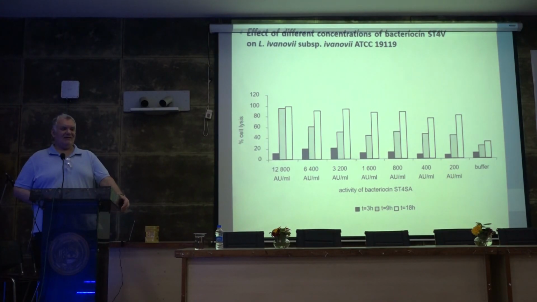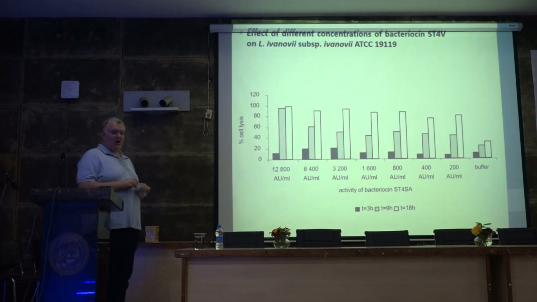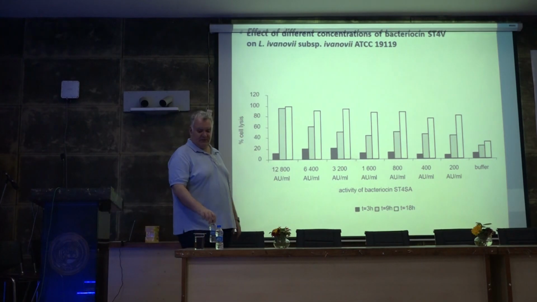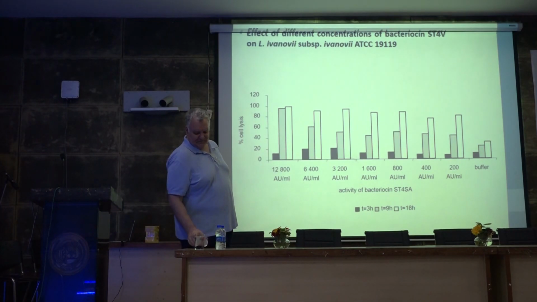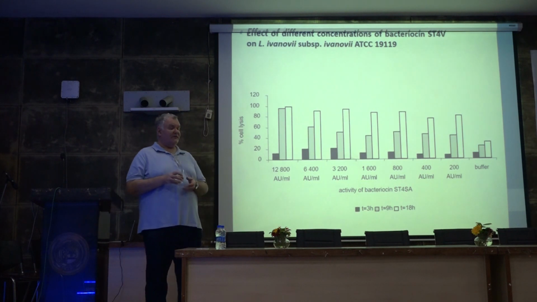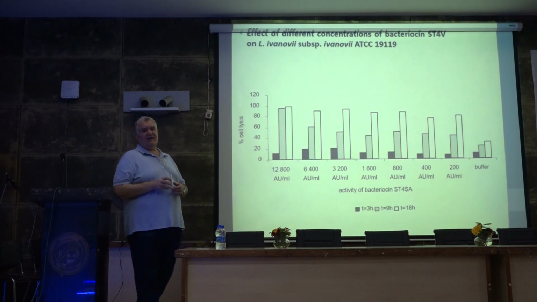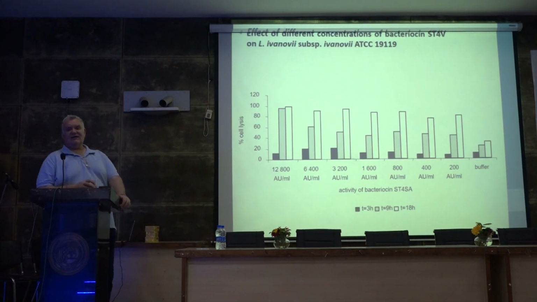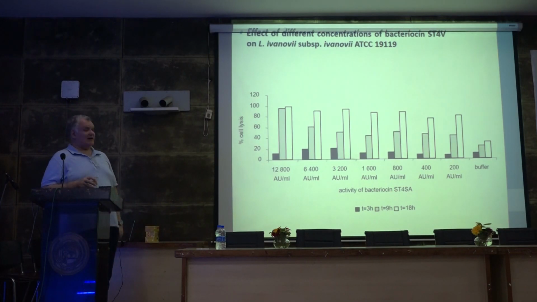No. MRS is a perfect medium, and very often they can express very well in the perfect medium and at a much reduced level when they are in our gut. But there were several works showing that in fact several bacteriocins can really express in the gut environment. There was a work showing and proving this. But again, even 200 units, that is very low activity, is enough to perform well against Listeria.